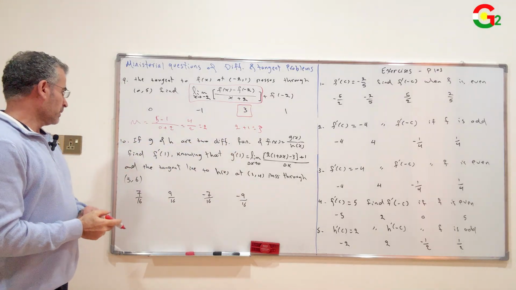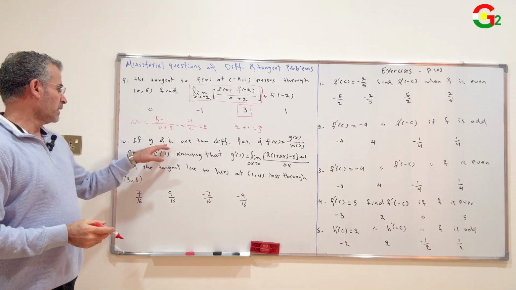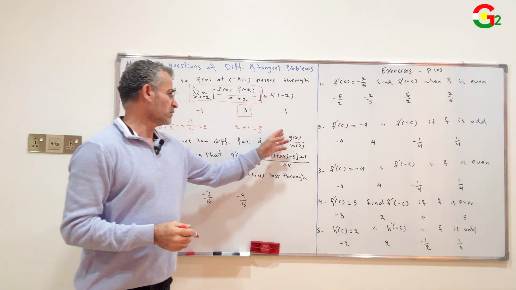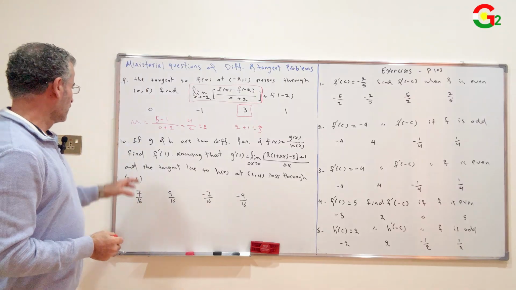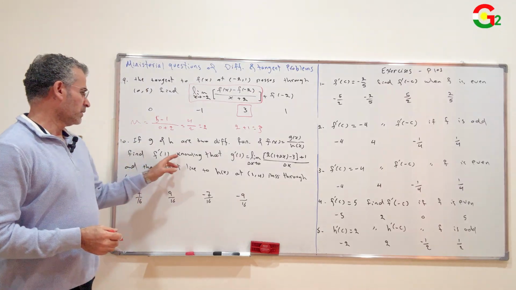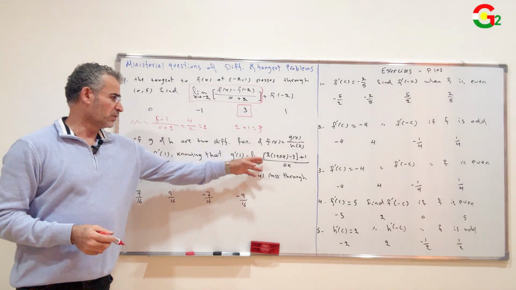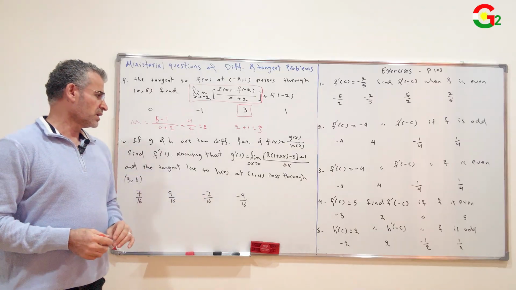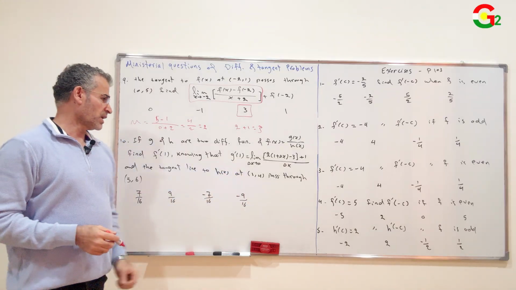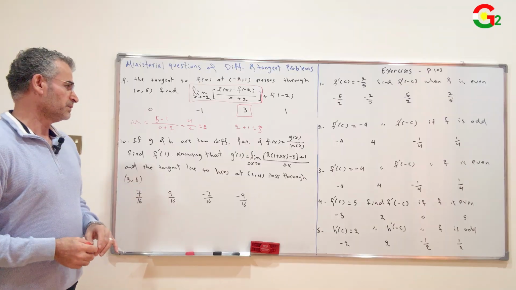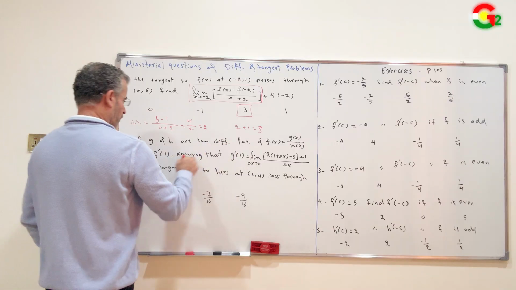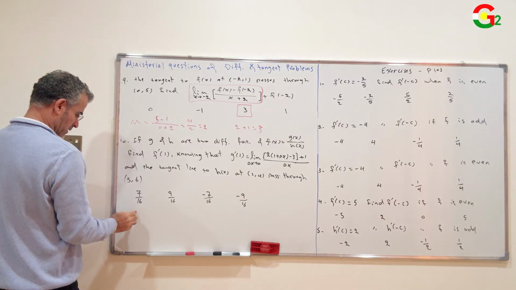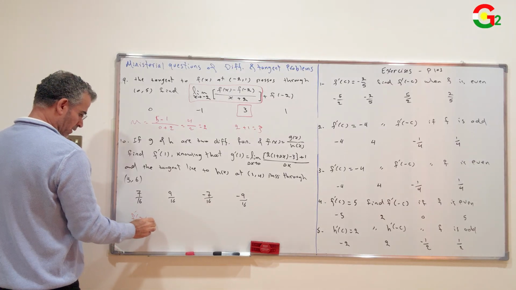Question number 10. If g and h are two differentiable functions and f of x equals g of x over h of x, find f prime of 1, knowing that g prime of 1 equals this limit, and the tangent line to h of x at the point (1, 4) passes through the point (3, 6). To find f prime of 1, we must first find f prime of x.